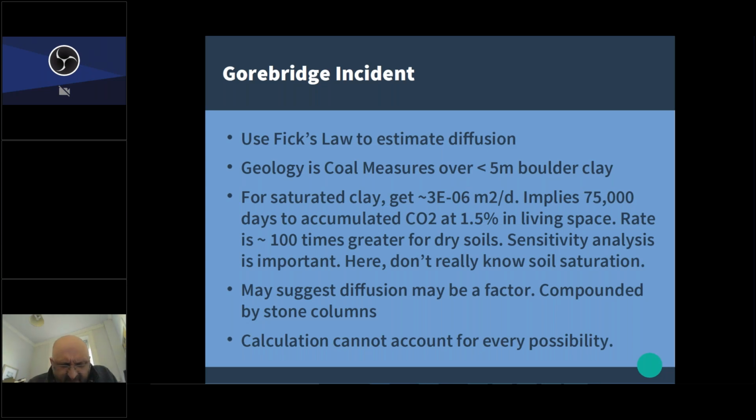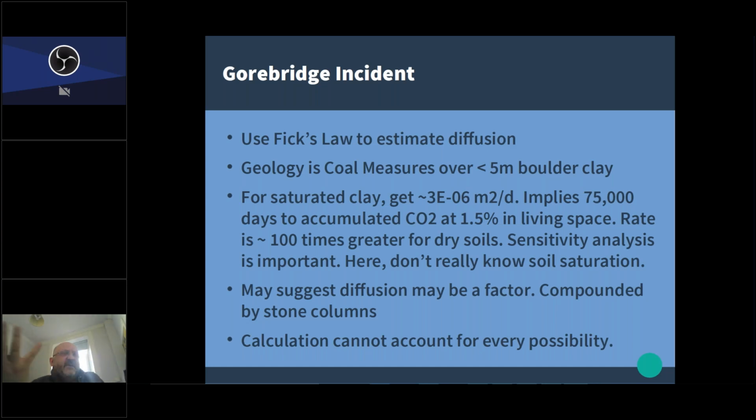But the risk at Gorebridge is exacerbated by the fact that these preferential pathways have been created by the stone columns. And I suppose the lesson here is that while calculation can be useful, it can't account for every possibility.